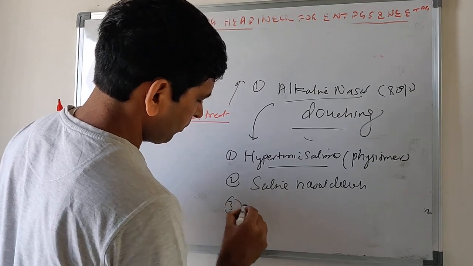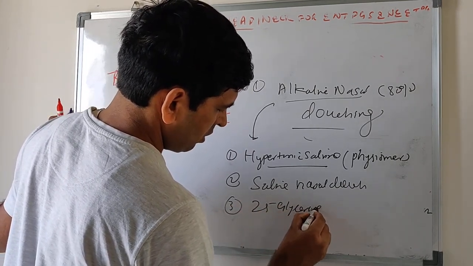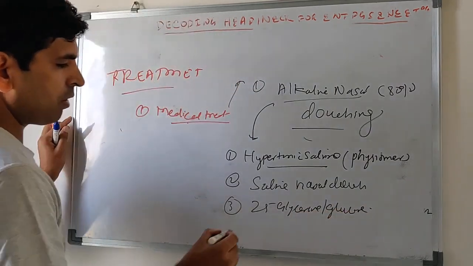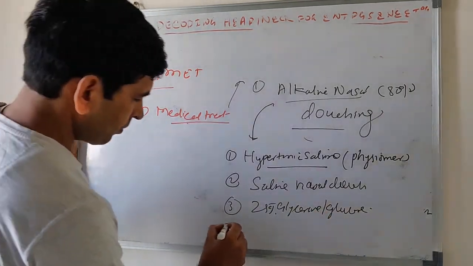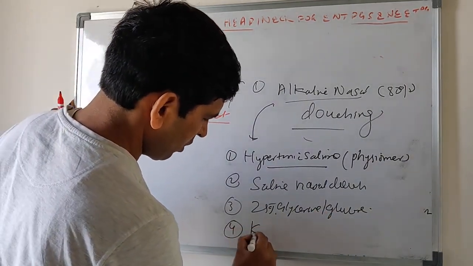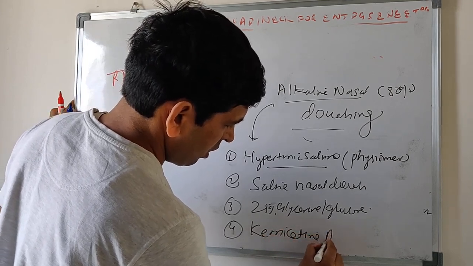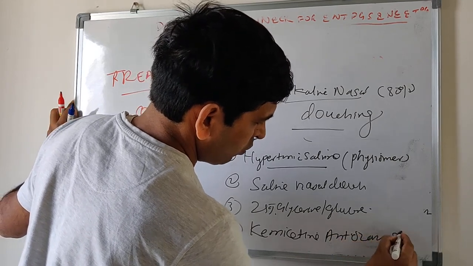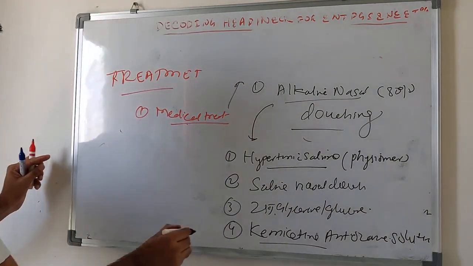You may use 25% glycerin glucose douching. You may use Kemicetin anti-ozaena solution.